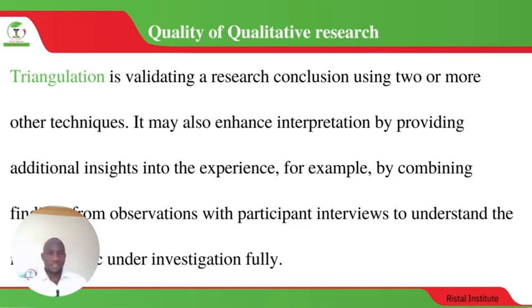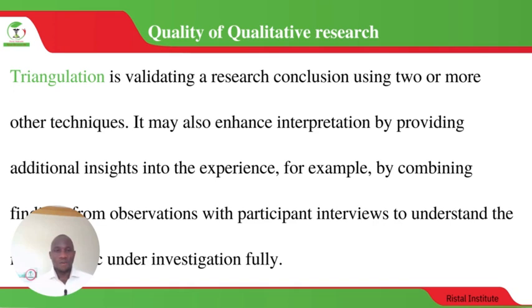One of the weaknesses of qualitative research, as we mentioned earlier, was that it is very hard to make generalizations, so we have issues to do with validity. One of the ways of handling such issues is to use triangulation. This is a principle in which you use more than one method to reach a particular conclusion.